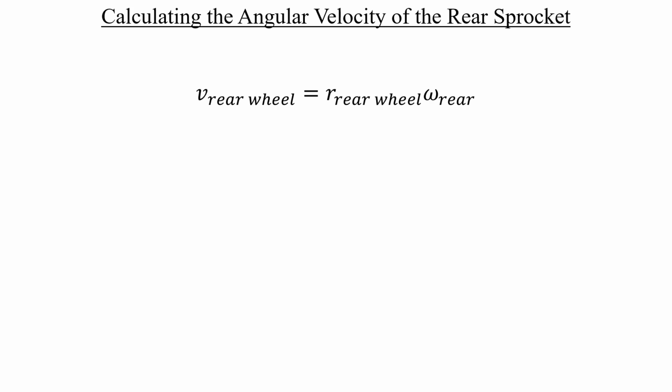We're told that the tangential speed of a point on the rim of the rear wheel is 5 meters per second, which is just the value of the linear velocity there. Let's divide both sides by the radius of the rear wheel, and now all we have to do is plug in the numbers that we were given.